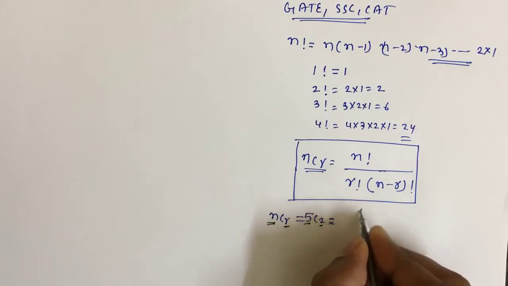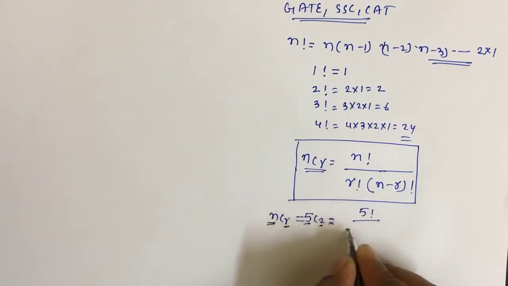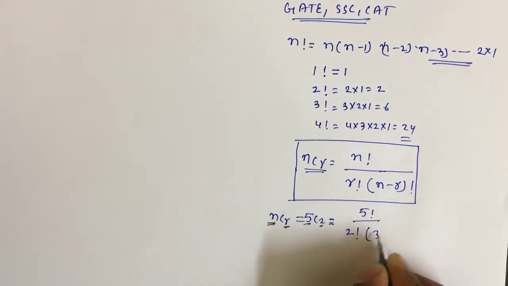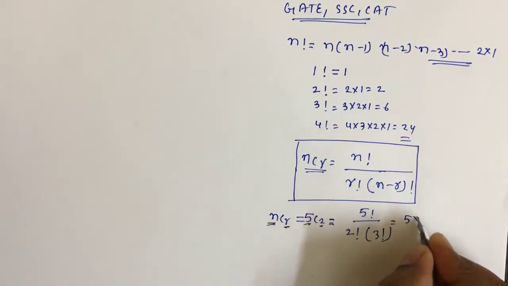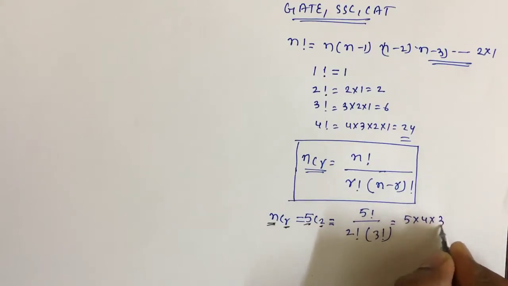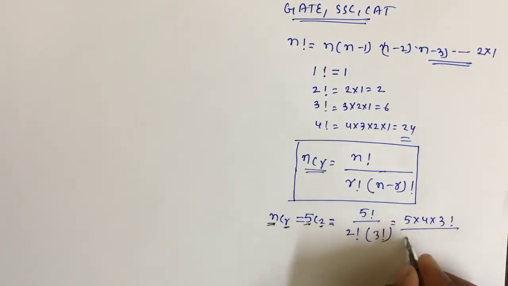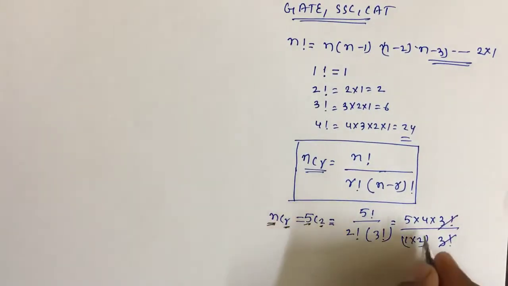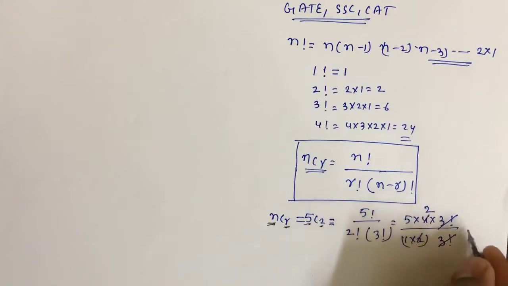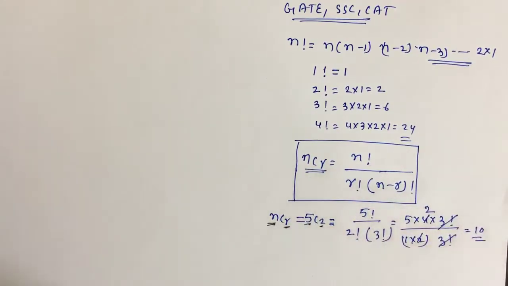Now this will be 5 factorial by 2 factorial into 3 factorial. Now 5 into 4 into 3 factorial by 1 into 2 into 3 factorial. 3 factorial gets cancelled, so 2 ones are 2, 2 twos are 4, so the value is equal to 10.